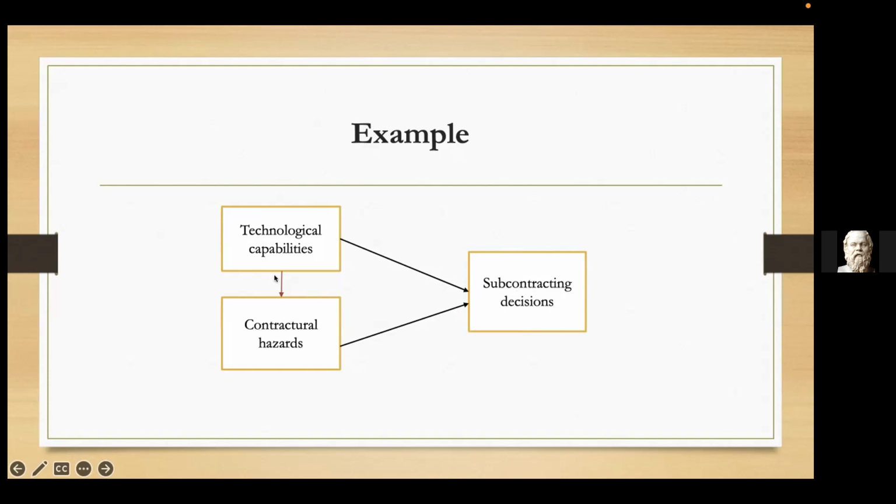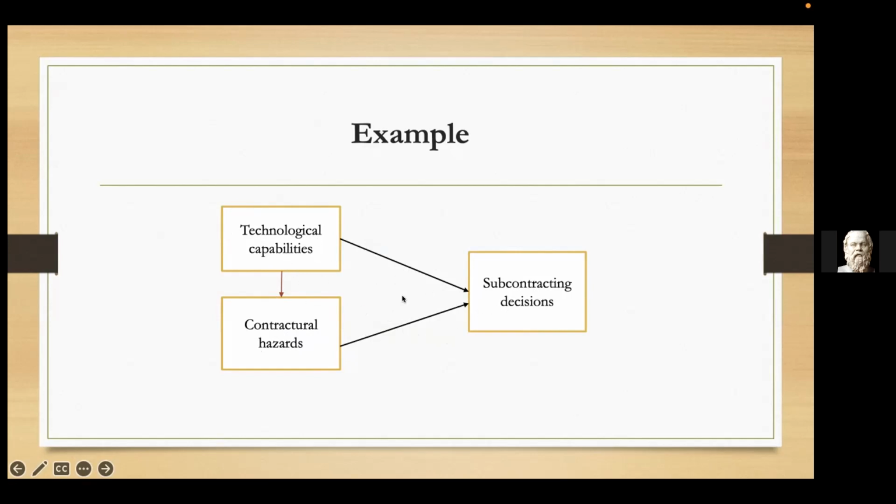But then they go ahead and combine the resource-based view theory with the elements of transaction cost economics, okay? Focusing on contractual hazards, yeah?